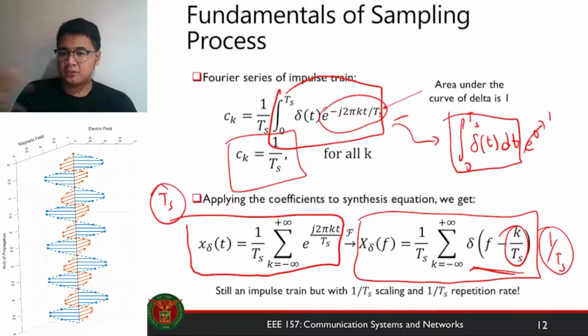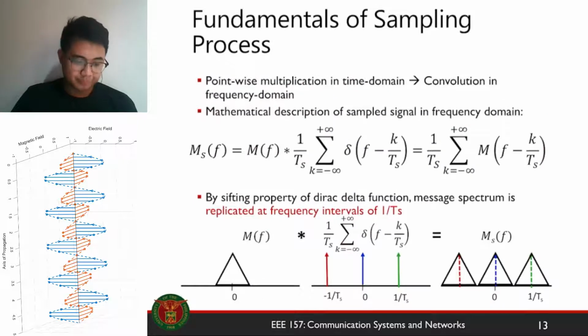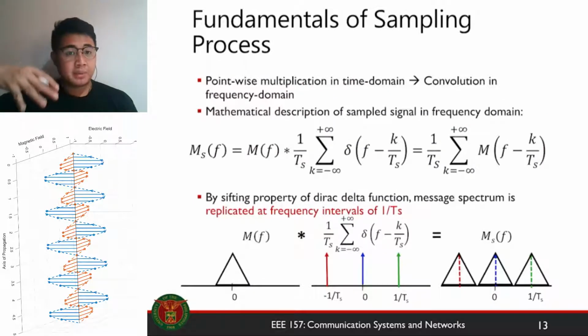And it's kind of related to the scaling property of your Fourier transform. If you have a higher ts, you have a lower 1 over ts. Okay? So you have an impulse train in the frequency domain. What do we do with that? Now we have the frequency content of your sampling signal. Since we made the multiplication, we multiplied in the time domain.